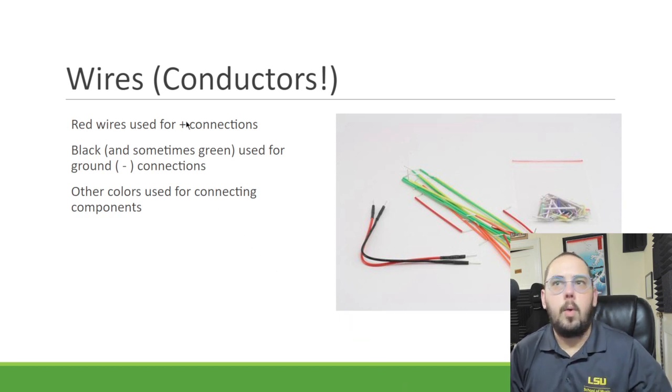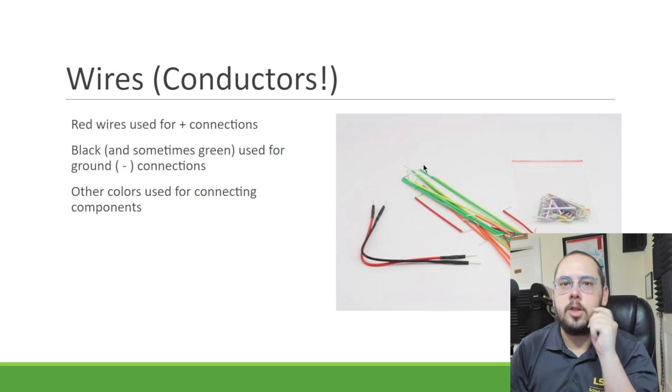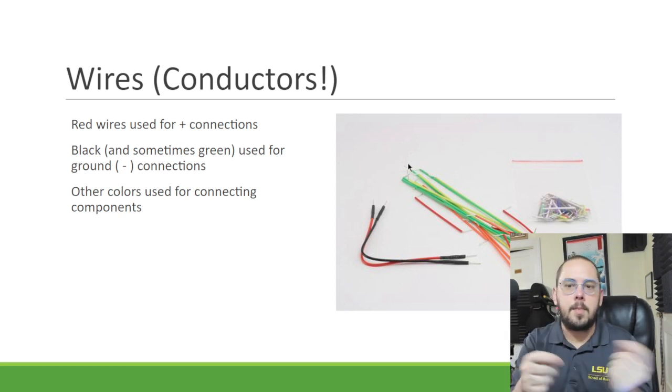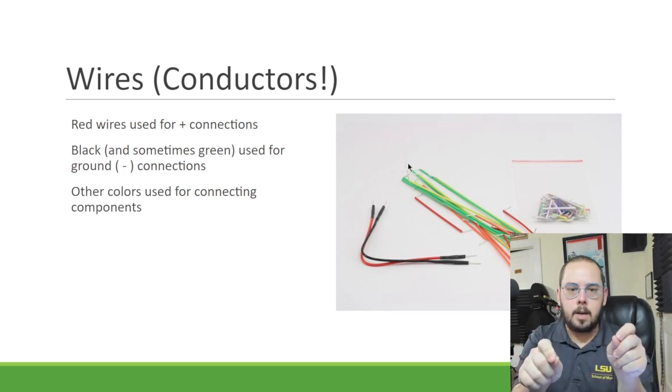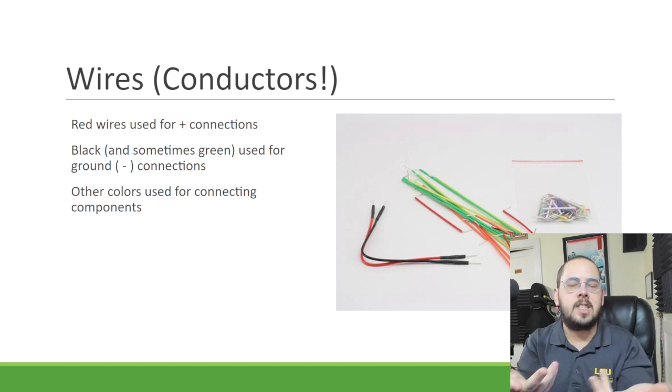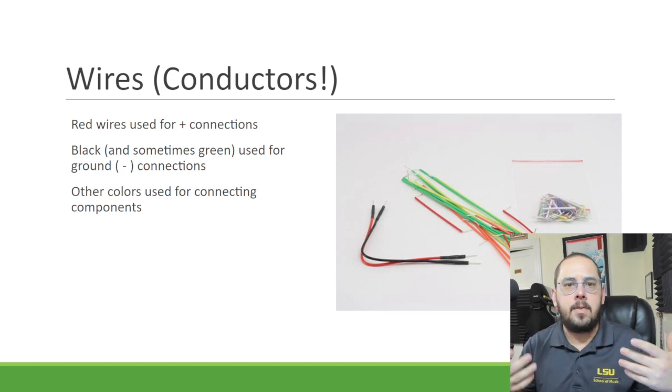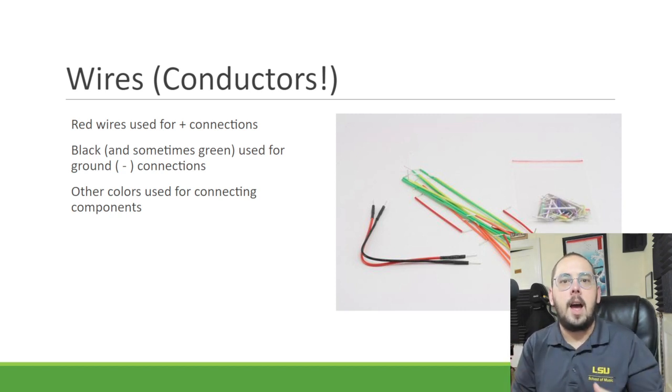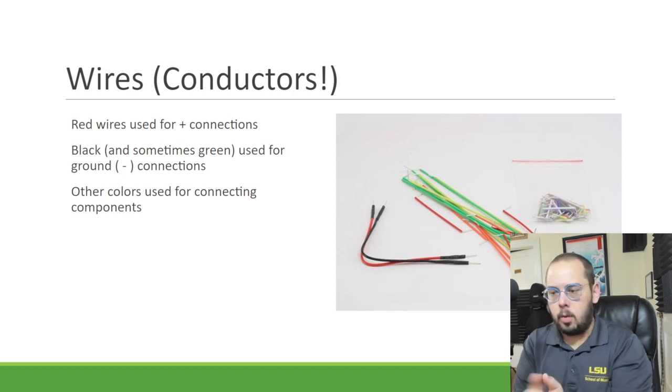So red wires, again, technically there's no difference if you take from your kit and plug the blue wire compared to the red wire, it's going to function the same way. But if you use some of these conventions, other people looking at your circuit will know what the heck is going on.